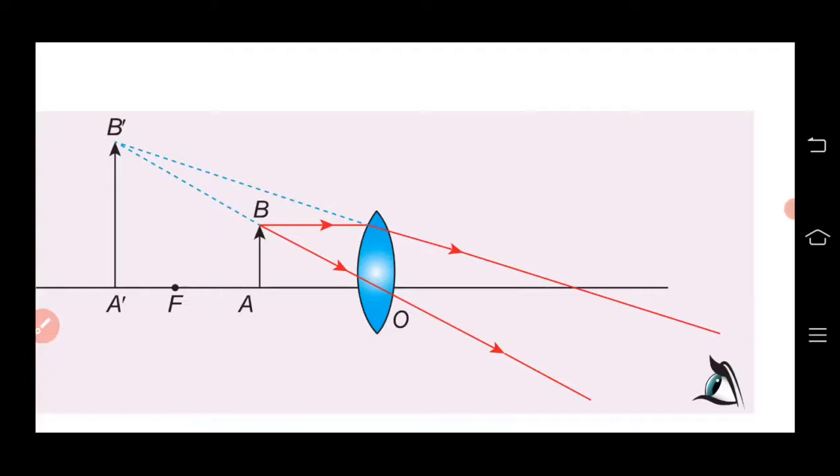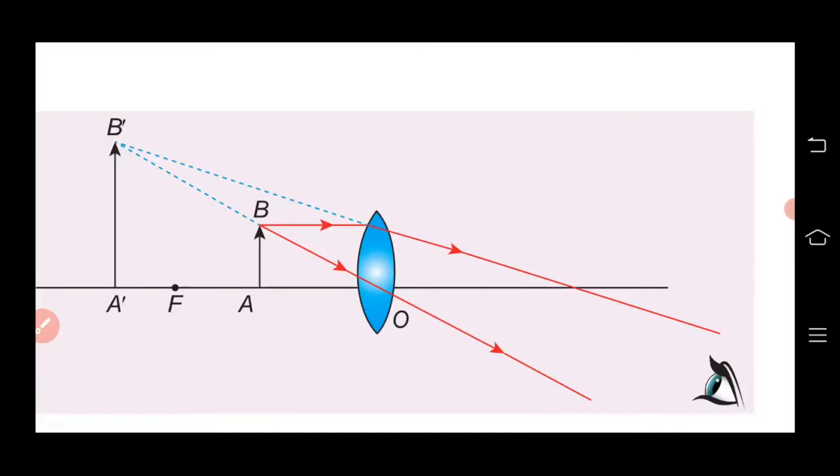Erect means straight image, and virtual means the collection of focus points made by extension of diverging rays. See here, the two rays are diverging from each other, so we collect these diverging rays at a particular point.